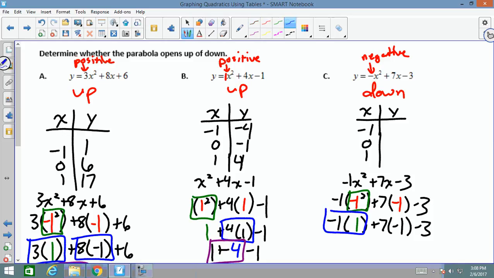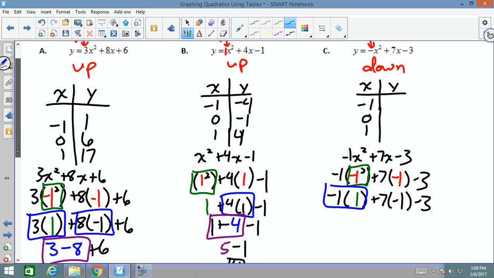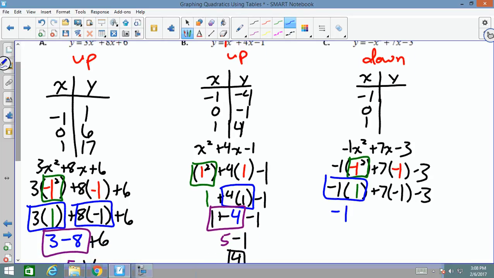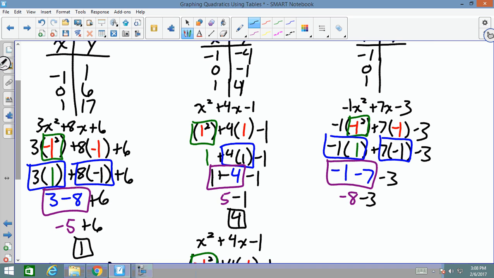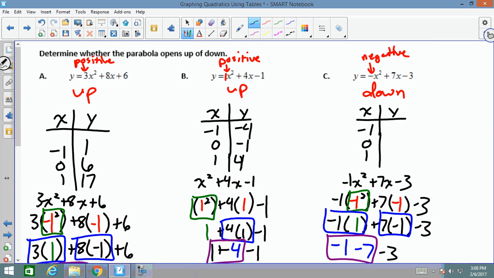Negative 1 times 1 is negative 1. 7 times negative 1 is negative 7. Then do your additions and subtractions. Negative 1 minus 7 is negative 8. Negative 8 minus 3 is negative 11. So when x is negative 1, y is negative 11.